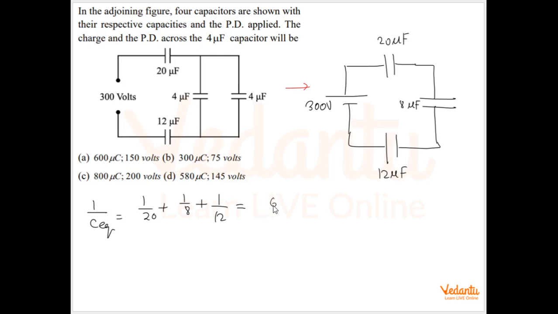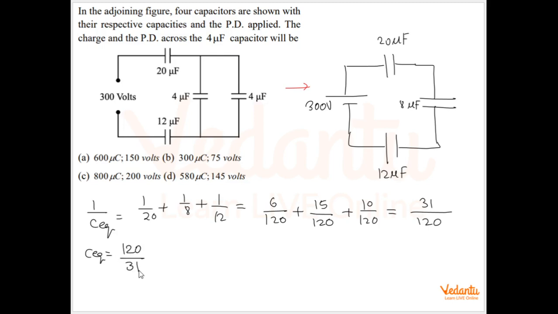So it will be 6 divided by 120 plus 15 divided by 120, since 15 into 8 is 120, plus 10 divided by 120. That will give me 6 plus 15 is 21, plus 10 is 31 by 120. So C equivalent will just be 120 by 31.